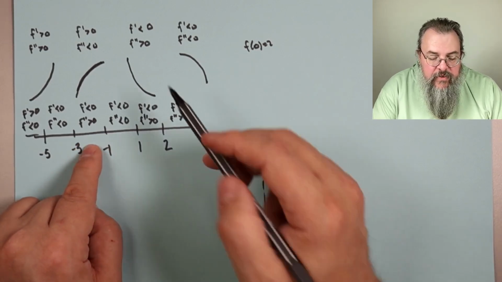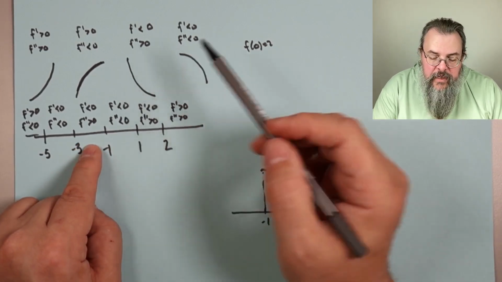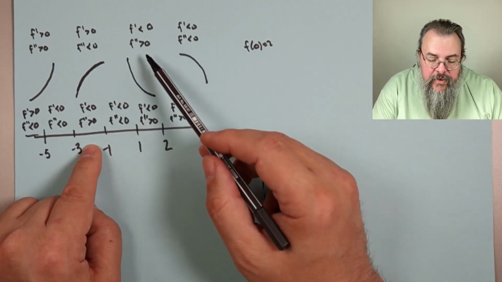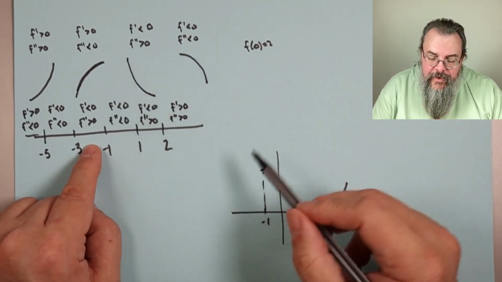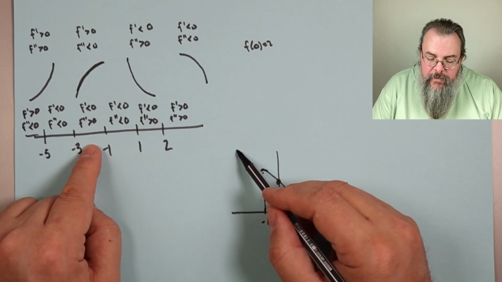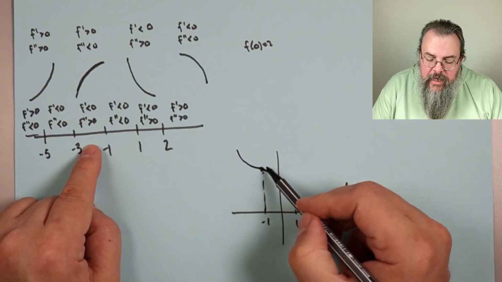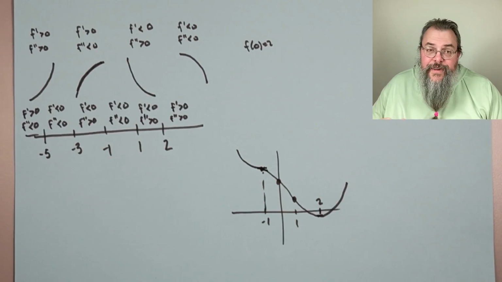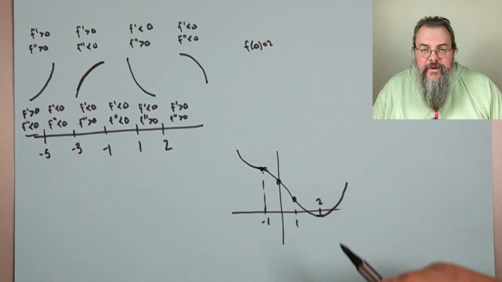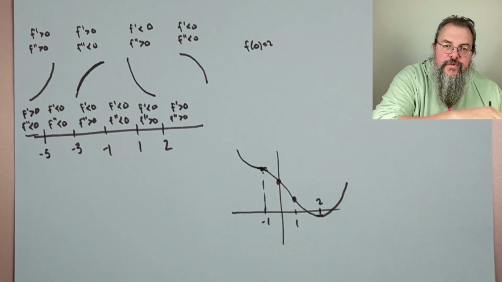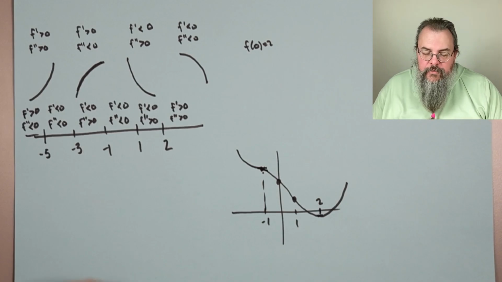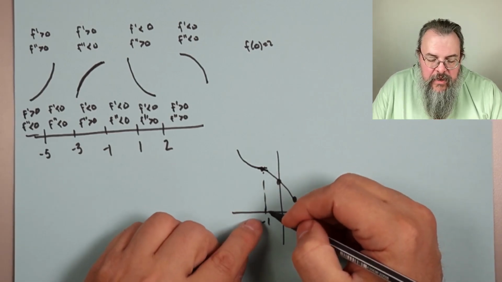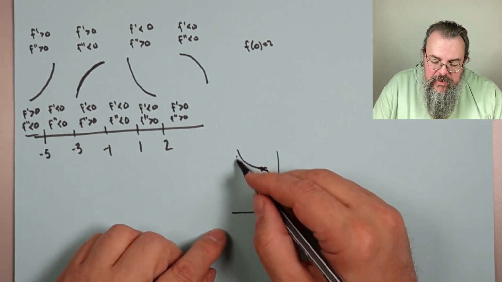We have f prime negative, f double prime positive, so we're looking like this. That's okay, because we know negative 1 isn't a max or a min, but has 0 derivative. It's like x cubed looking behavior. And now that'll take us over to, say, negative 3.